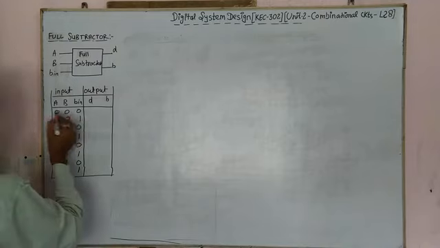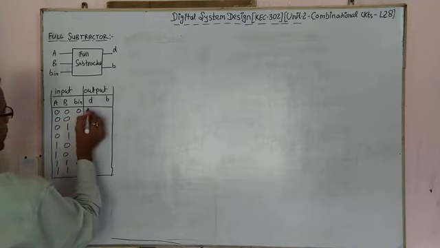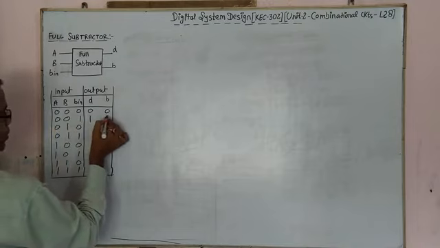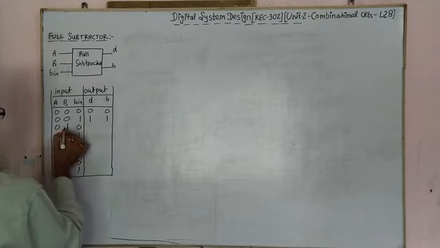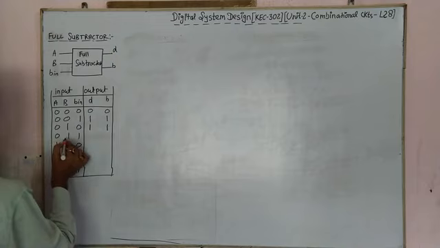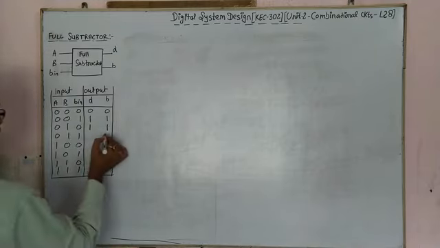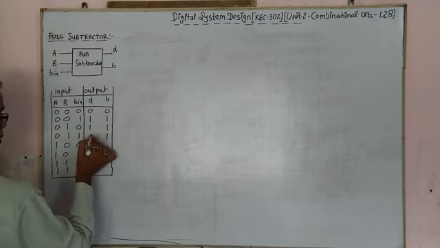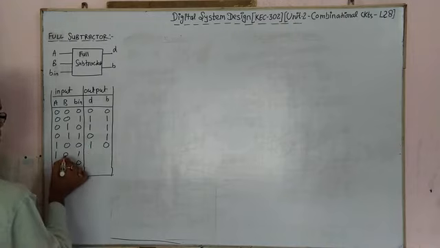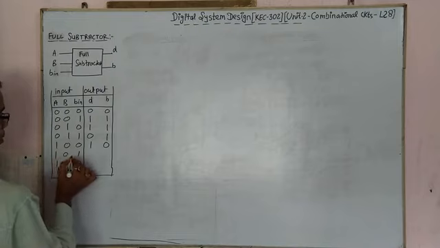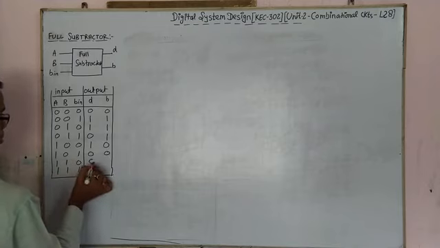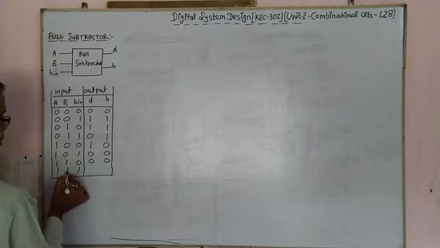First you subtract B from A. 0 minus 0 is 0, so the difference is 0 and the borrow is 0. 0 minus 1 is 1 with borrow 1. 1 minus 0 is 1 with borrow 0. 1 minus 1 is 0, and borrow 0.